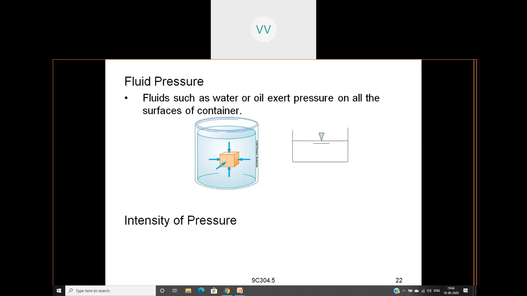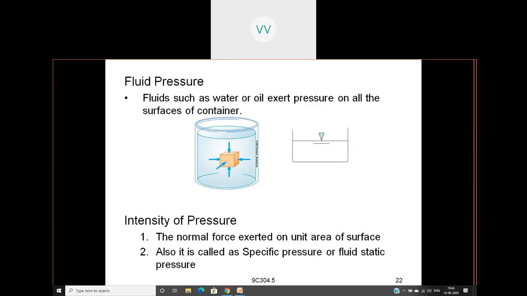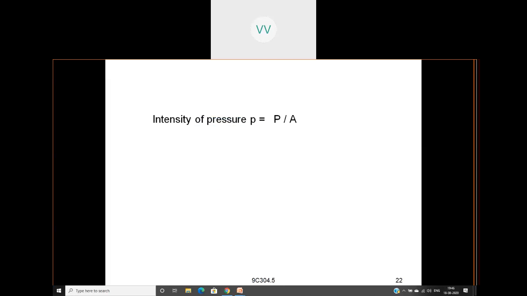Then coming to the intensity of pressure. How much is the intensity? The normal force exerted on unit surface area is called intensity of pressure. It is also called specific pressure or fluid static pressure, and it is given by the normal force divided by the area over which it acts.